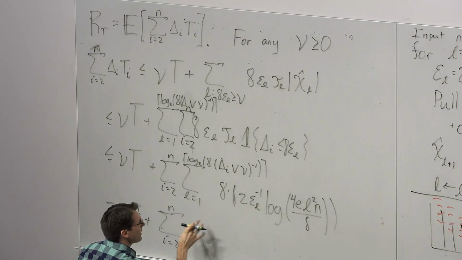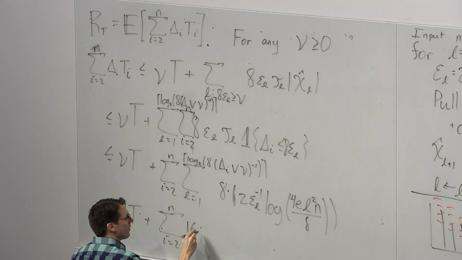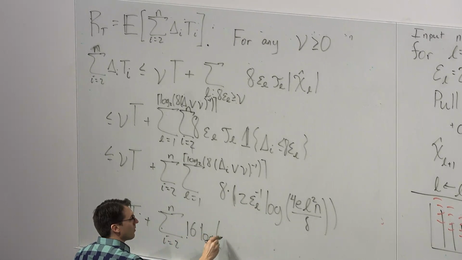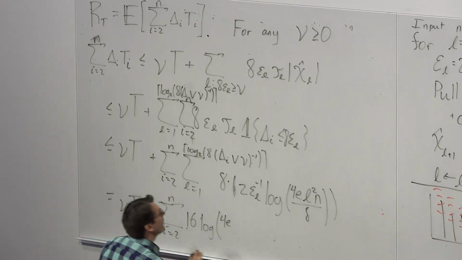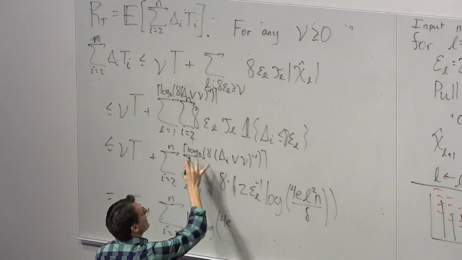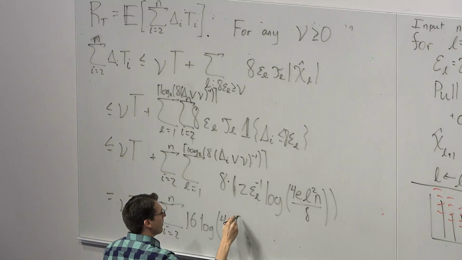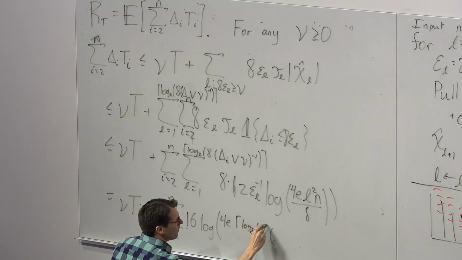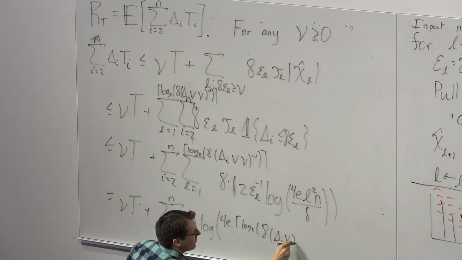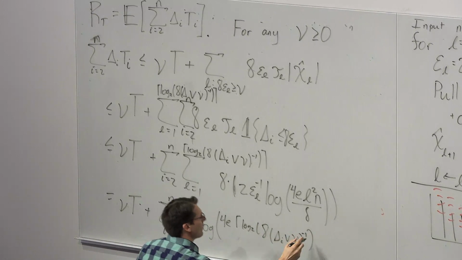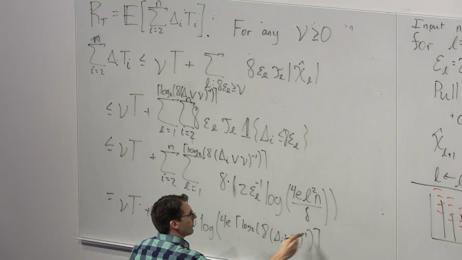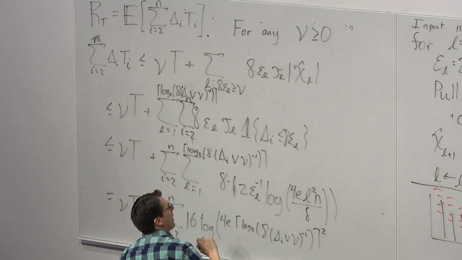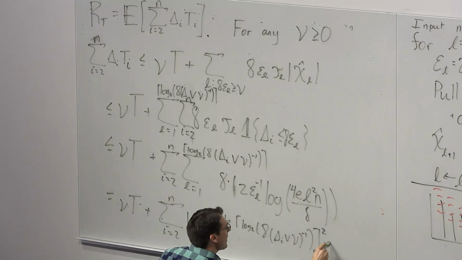I pull these things out. I get 16 log 4e, annoying constants. And then this big guy, log 2 of 8 delta i max nu inverse ceiling squared. That's pulled out. n over delta.